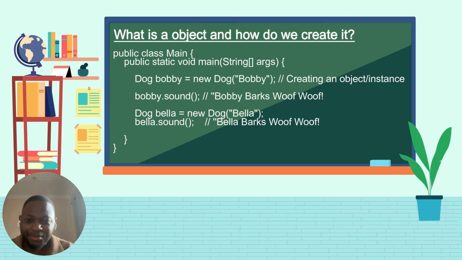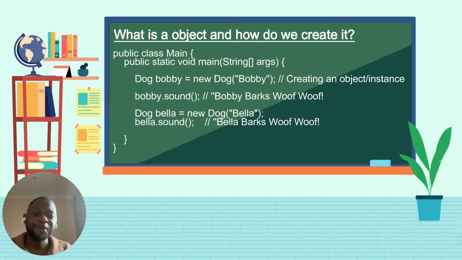Secondly, we have the dog reference again. Bella is equal to new Dog, creating our object, passing in Bella as a string, and once we say Bella.sound, we're calling the sound method, and it will print out "Bella barks woof woof". Methods are usually to do stuff, and here we're making a sound.